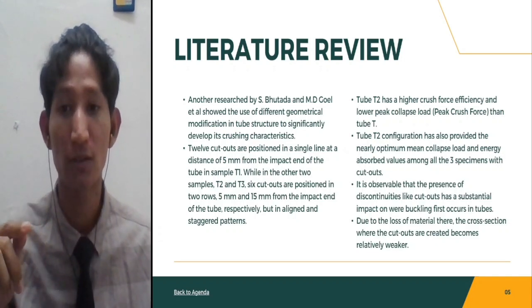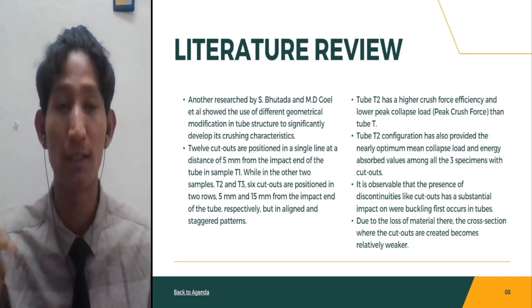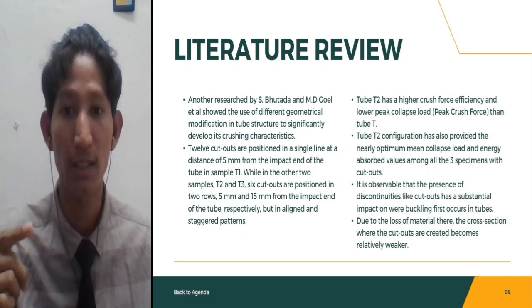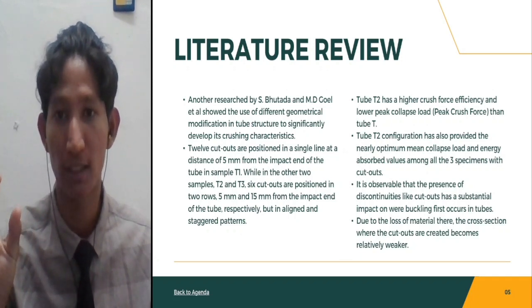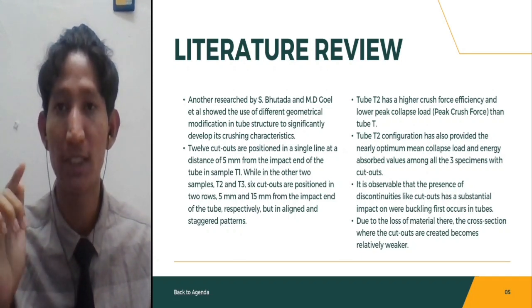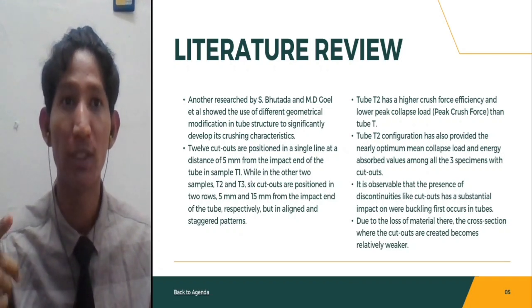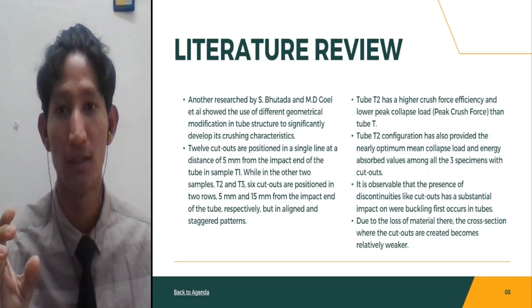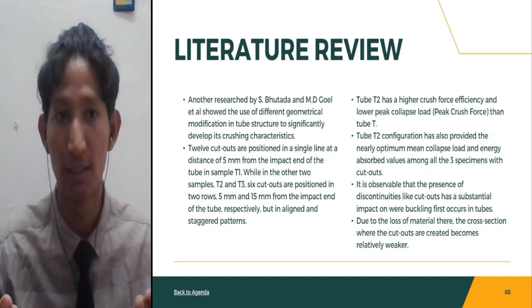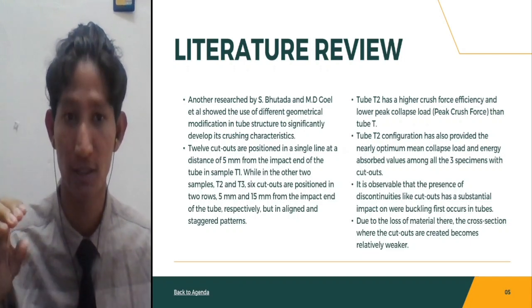Due to the loss of material, which is the cutouts, the cross section where the cutouts are positioned in the tubes will become relatively weaker, so the buckling will occur at the holes, as it makes it easy for the tubes to be crushed.